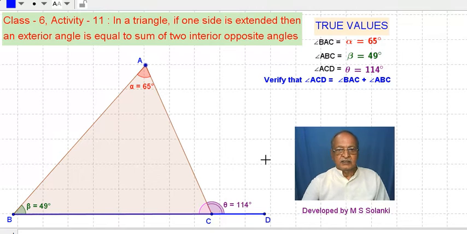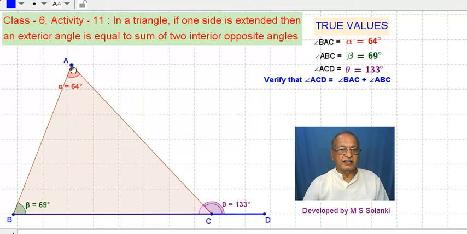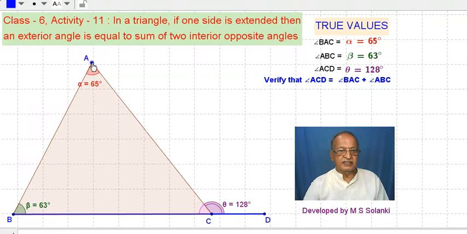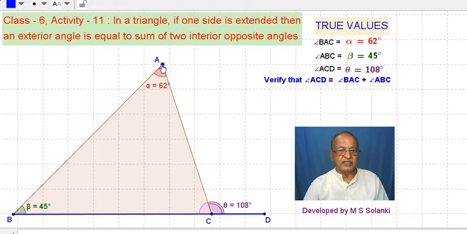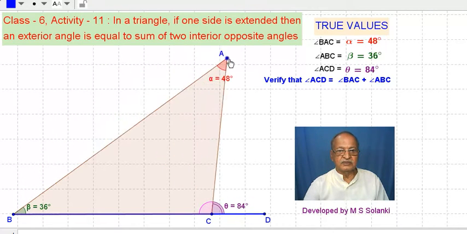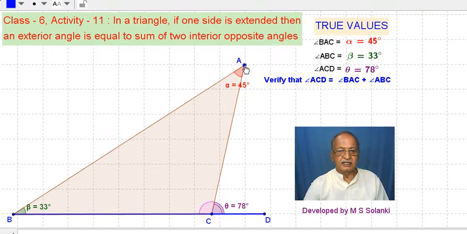Now again, this software provides that we can drag points A, B, C and D. These four points we can drag and form a new triangle and see the angle relationship. You can make a table.